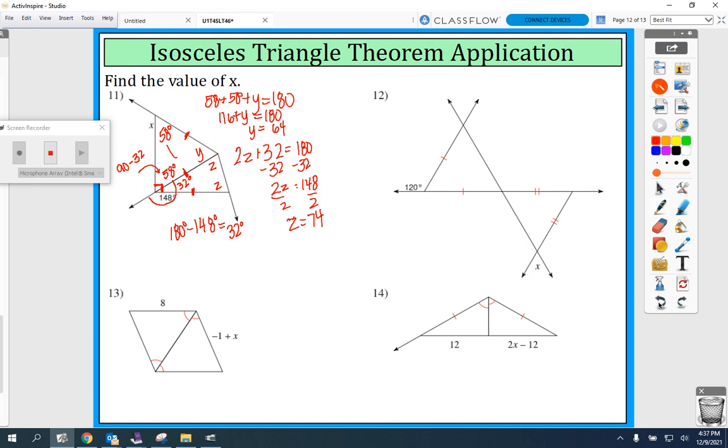That would look a little neater. This is 64 here. In order to find x, I know that these two are supplementary. So x is going to be 180 minus 58. So x is, let's see, 122 degrees. Okay, so you're going to work these out.